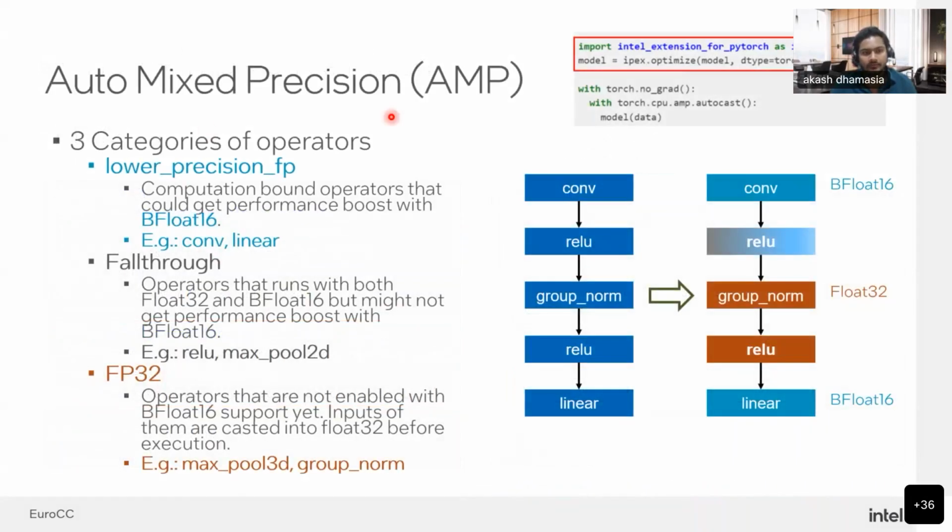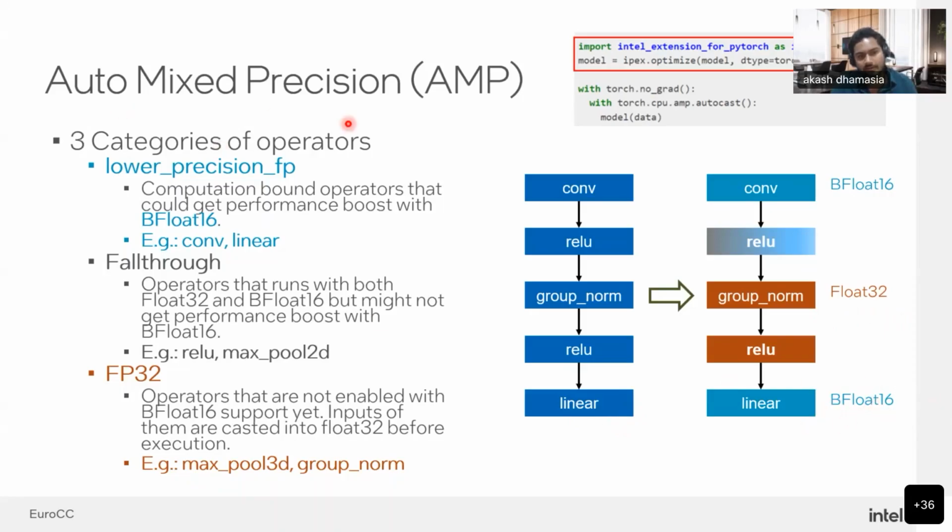There are three types of auto mixed precision. For some operations like convolution and linear, you can convert to bfloat16. For other operations like group normalization or ReLU, you can convert to float32. This is not supported as of now for bfloat16, so you can directly use float32 only. But for linear operation, you can also get it converted to bfloat16.